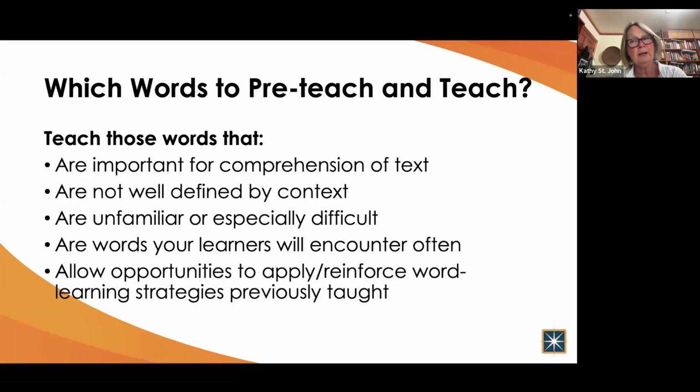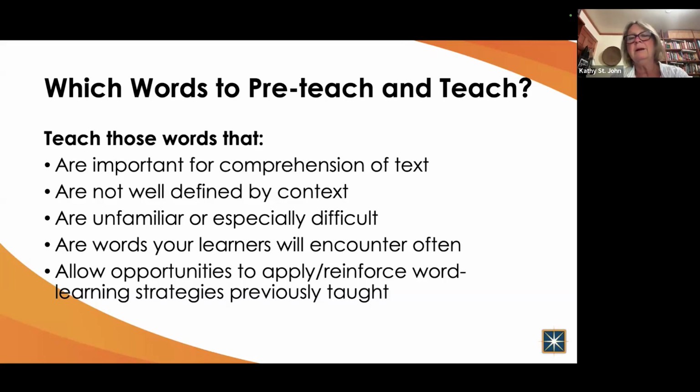Your learners may not know how to differentiate between those types of words. So really think about which word is a key to the meaning of this sentence. Some they can figure out by context, some they can't. So teach those words that you can't use context clues for.